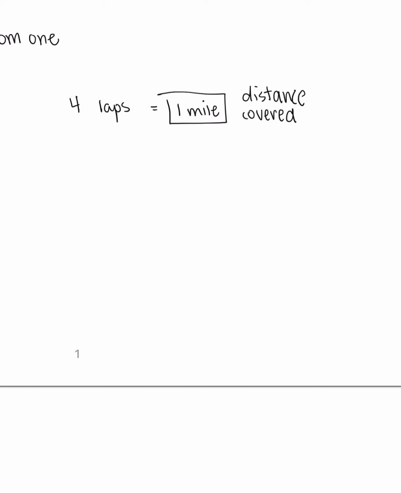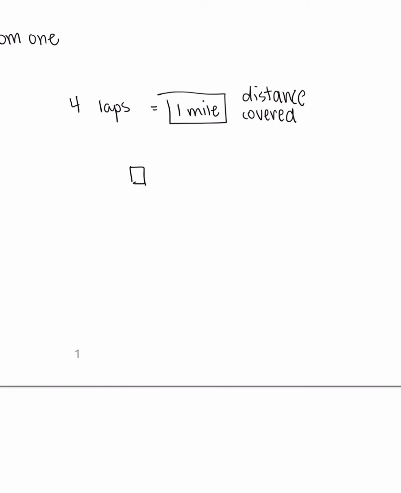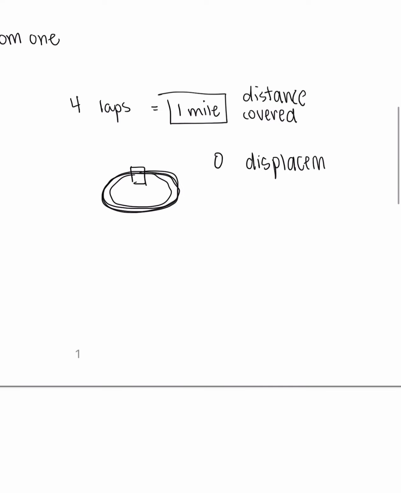However, assuming that the starting position and the finishing position of the track is the same, even if we run 4 laps, the displacement would be 0, because you're not changing in position, as the start and the end snapshots are the same.